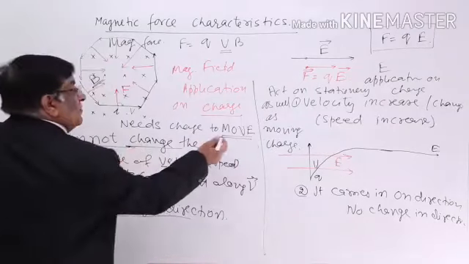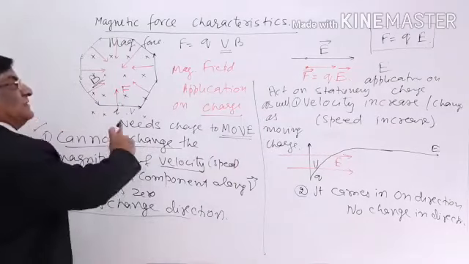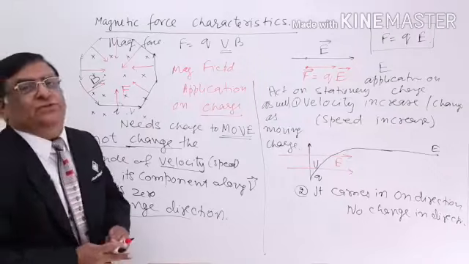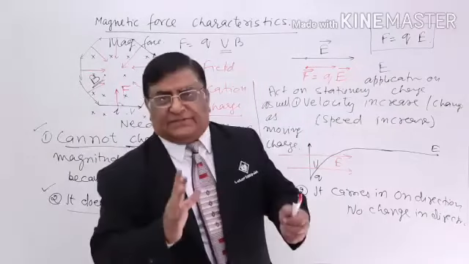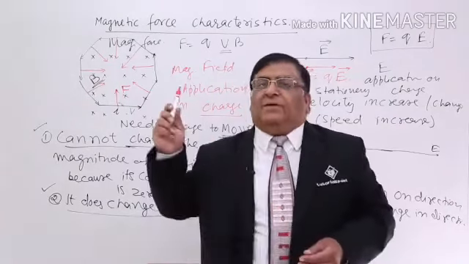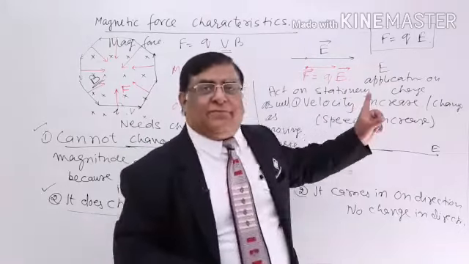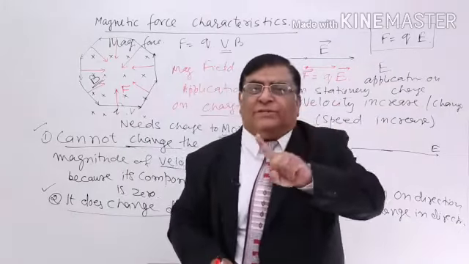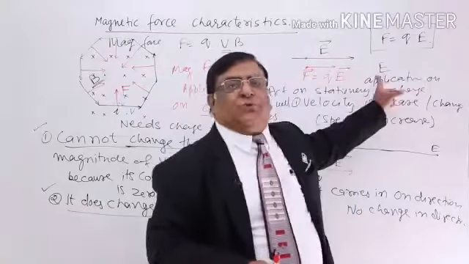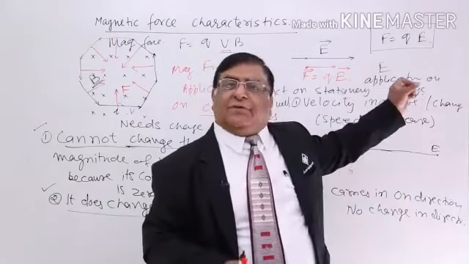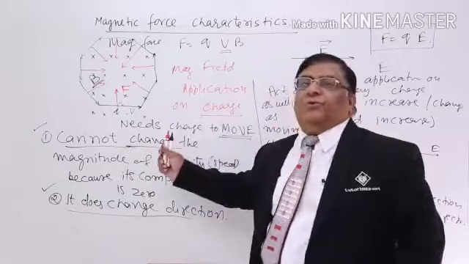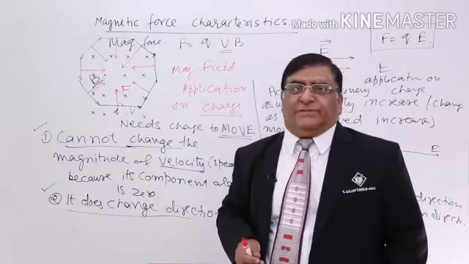This will act only on the moving charge. This is again a difference. So these are the three differences you will remember: force due to magnetic field and force due to electric field. Both are forces on the charge. This is force on stationary, moving, both. This is force only on the moving charges.